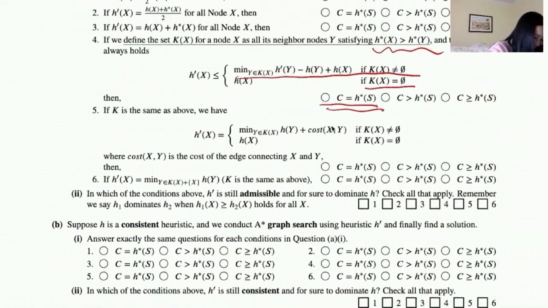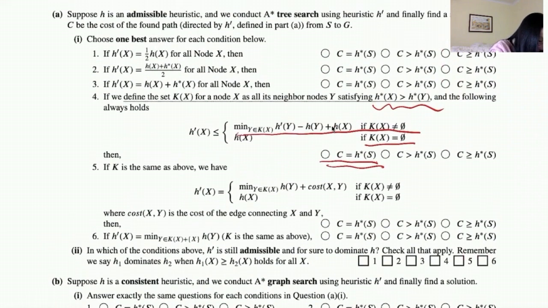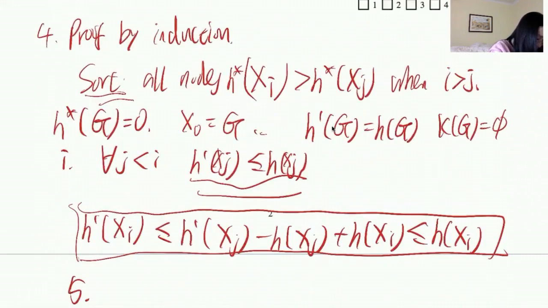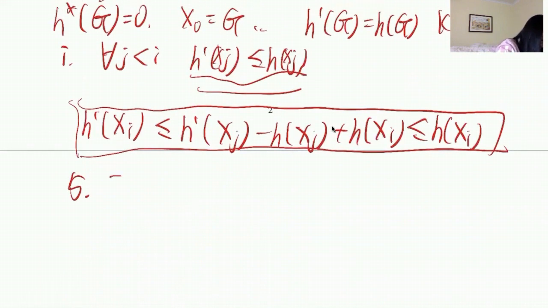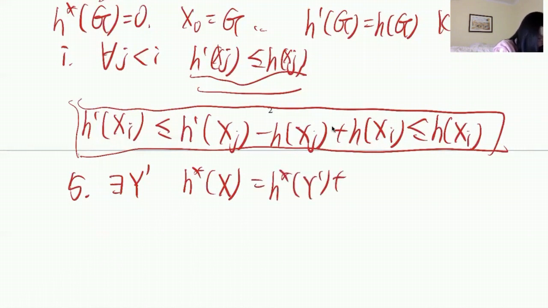So from the neighboring nodes, we know that there exists a certain node y prime such that h star x is equal to h star y prime plus cost h y prime, which means that y prime is on the optimum path from x to the goal g.